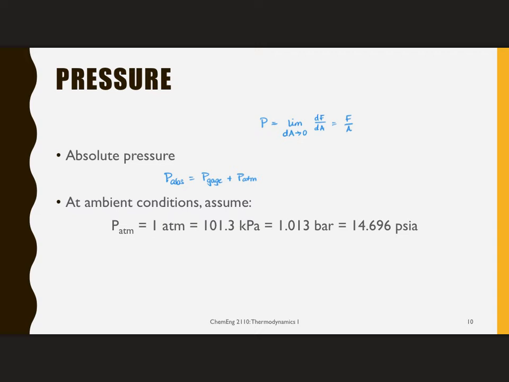At ambient conditions, for the sake of this course, we're going to assume that atmospheric pressure is 1 atmosphere, which is the same as 101.3 kilopascals, or 1.013 bar, or 14.696 psia. If you're at an actual location or you're doing an experiment, you would want to get the actual barometric pressure to know what P atmospheric is equal to.